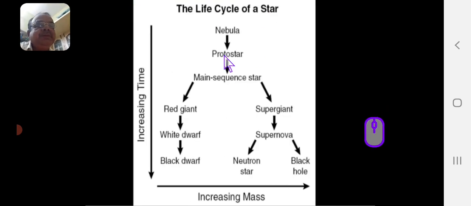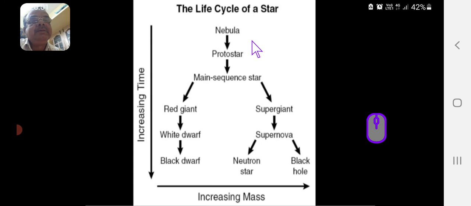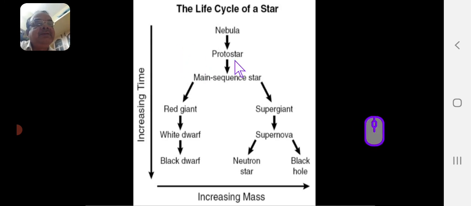In brief, the life cycle of a star, the evolution of the star, means initially there is formation of a nebula due to the hydrogen and helium present in the universe. Gradually, the hydrogen present in the nebula shrinks by means of gravity and pressure.